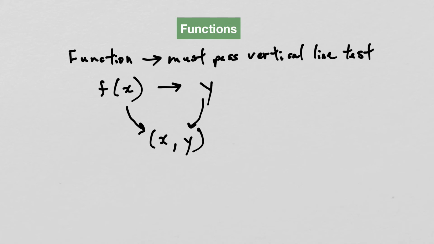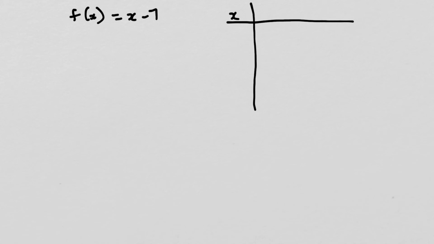Okay, so let's just walk through an example to solidify your understanding here. Let's say we have a function f of x is equal to x minus 7. Okay? What we can do is throw in all sorts of values of x. In other words, this is x, this is x minus 7, and then this is my f of x, or in this case, y.